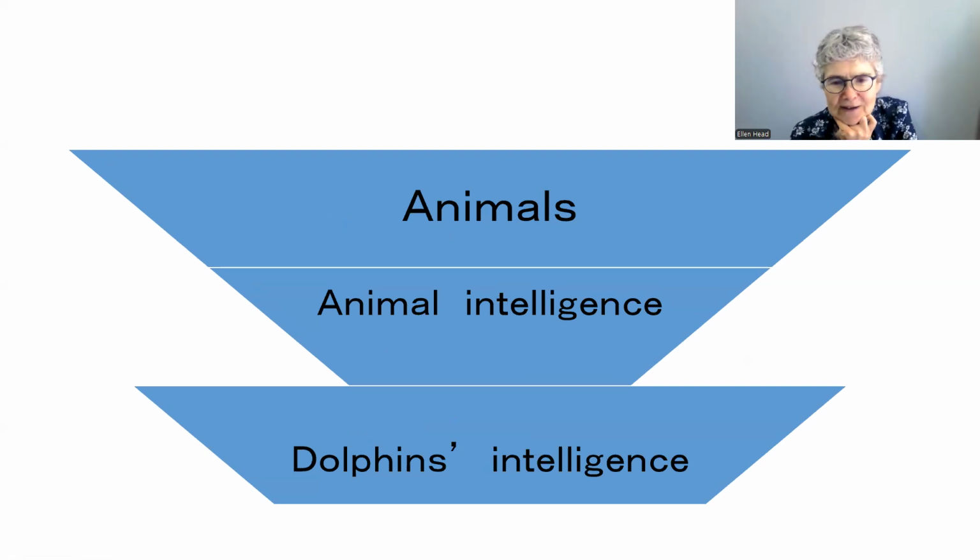Animal intelligence. Okay, and let's look at dolphins. So we're going down to something very specific. But you could find a 5-paragraph essay about dolphin intelligence because how do dolphins communicate? How do dolphins know where they are? Do dolphins experience emotion? So you could already have 3 paragraphs which are about dolphin intelligence.